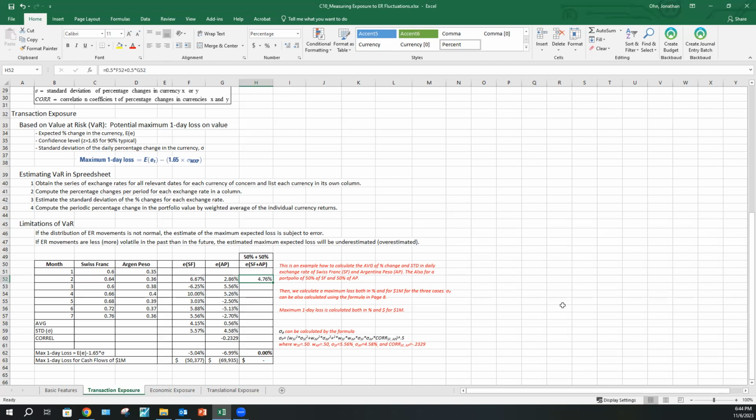To save time, copy and paste there. This is the monthly percentage change of the currency portfolio of Swiss franc and Argentine peso. Got it?